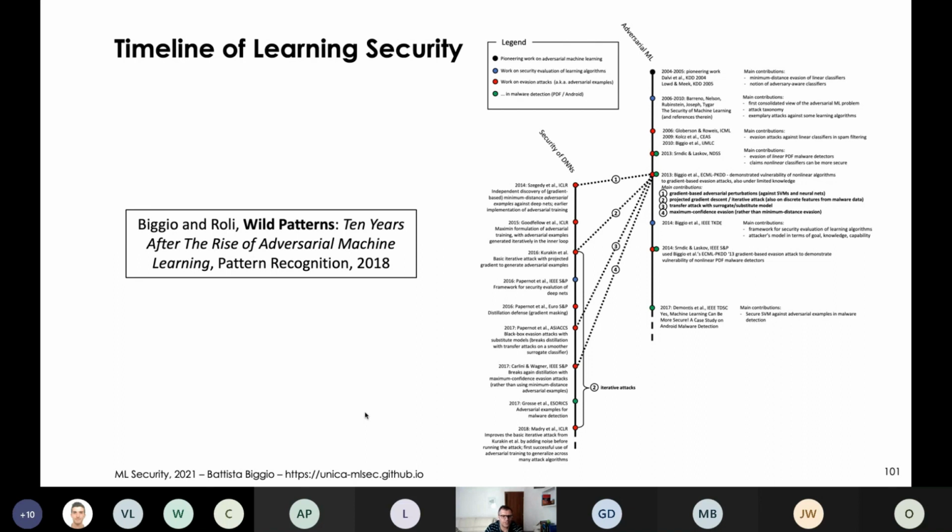And again, if you're interested in getting to know more about the history and the evolution of these attacks and defenses in the field, you can refer to this survey paper. And here you can also find references to the very first seminal papers on this topic, by Dalvi and others, and by Lowd and Meek.